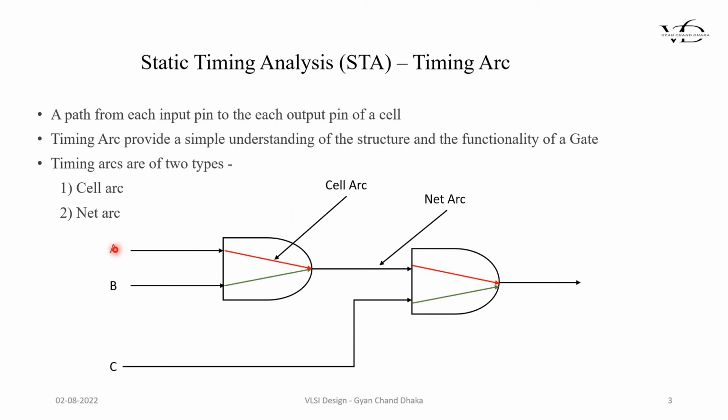For example, this arc between the input pin of the AND gate and the output pin of this AND gate: what is the delay from A to the output pin of the AND gate? This delay information is present in the form of this timing arc. How to read the timing arc, how to get the information out of it, and what are all the characteristics of a particular timing arc, we are going to study in our next chapter.